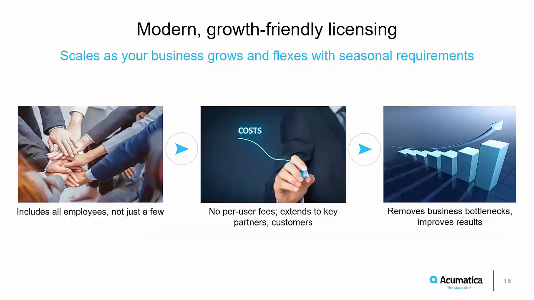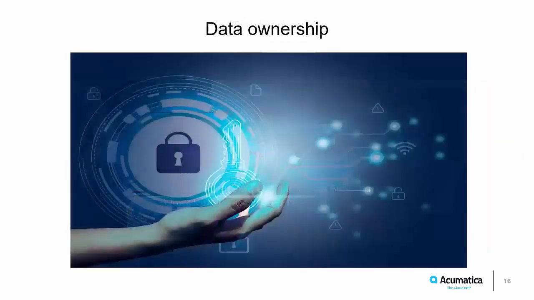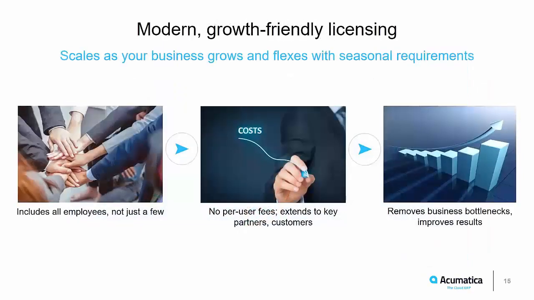But with Acumatica, if you've got 30 people in the company, or even 40, they don't care how many of those 40 people have access, because they've developed a sizing matrix that says if a company's doing this many transactions, they're going to have that many employees. We don't care how many there are. You can continue to grow and grow, and you don't get nickeled and dimed with those users.